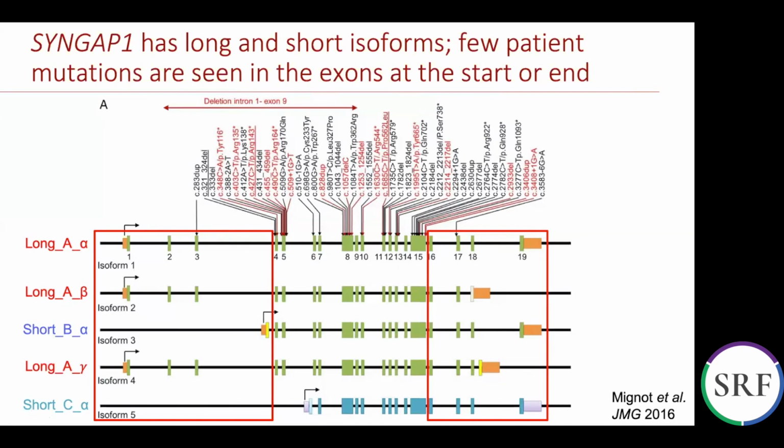But a protein truncating variant, which is the majority of these, doesn't. It doesn't really matter where they fall. They're going to disrupt the gene. So the fact that we're not seeing many protein truncating variants at the start and the end is interesting and suggests that there might be some insights to be gleaned from this.